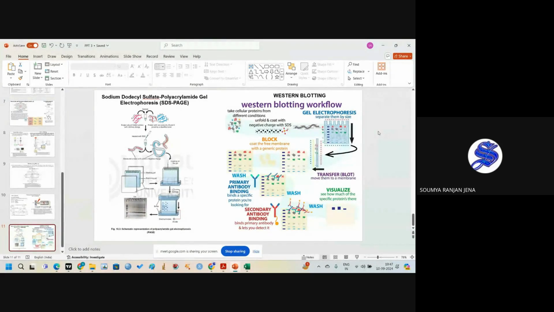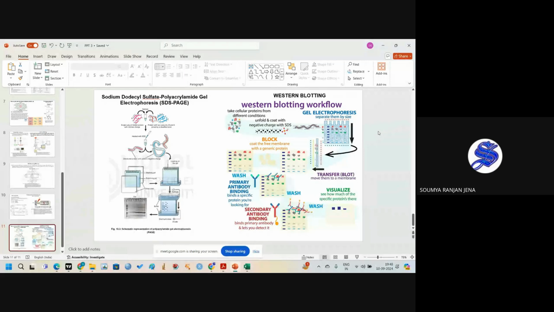During the slower movement it will generate friction or heat, and this heat can degrade the proteins. We can only run native PAGE at 4 degrees or in refrigerated condition, but here you can give the charge to the protein, and in that case it will move faster.